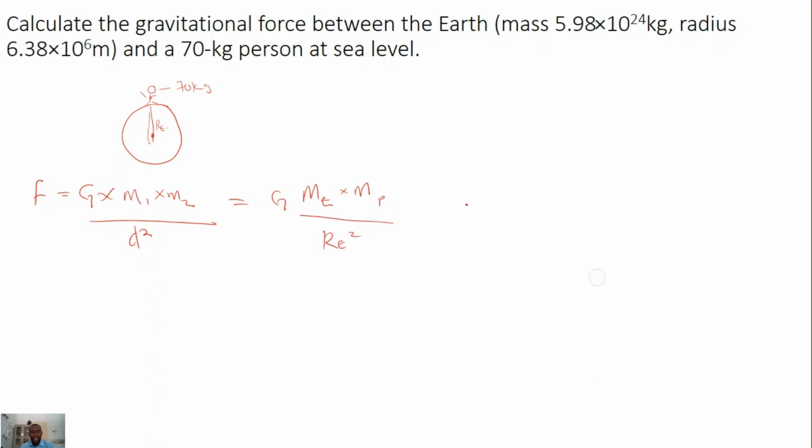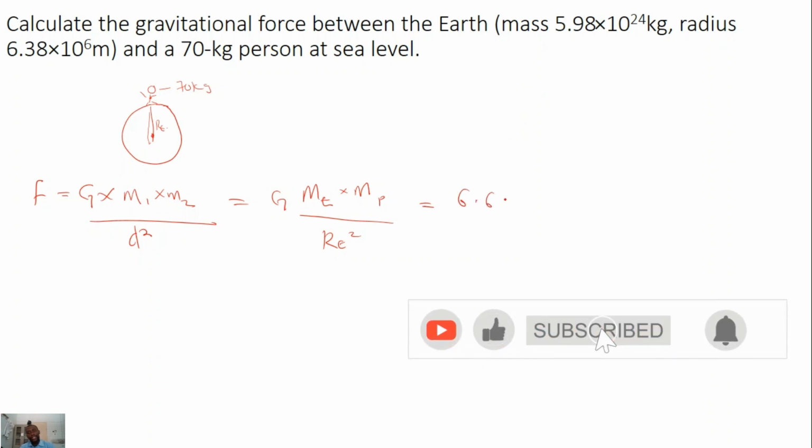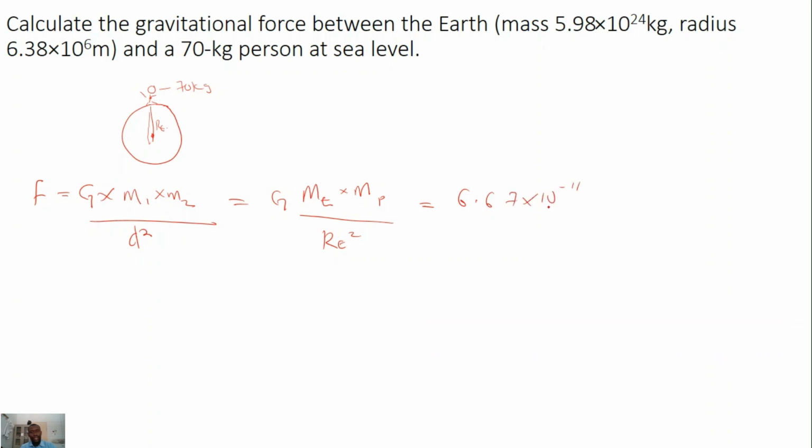And this will be equal to the constant, which is 6.67 times 10 raised to power minus 11, multiplied by the mass of the earth, which is 5.98 times 10 raised to power 24, times the mass of the person, divided by the radius of the earth squared, which is 6.38 times 10 raised to power 6, squared.